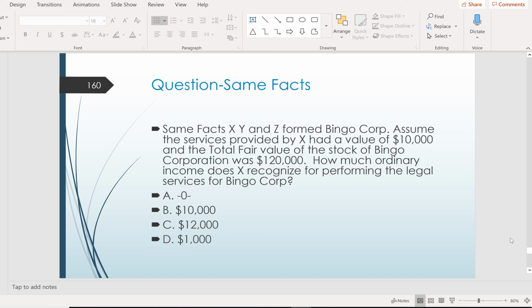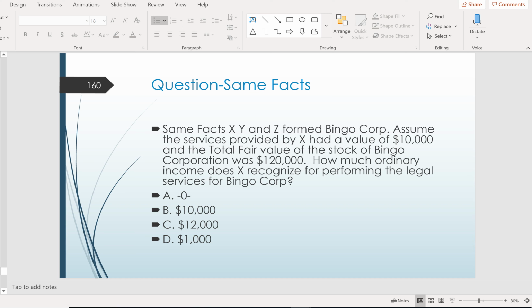And they'd have to tell you that, and they did. So as long as X got 10% of the stock, then X's value received for the services was 10% of the $120,000 or $12,000. And that means X would now be taxed on $12,000 of ordinary income instead of $10,000 of ordinary income. So be careful with a question like this.